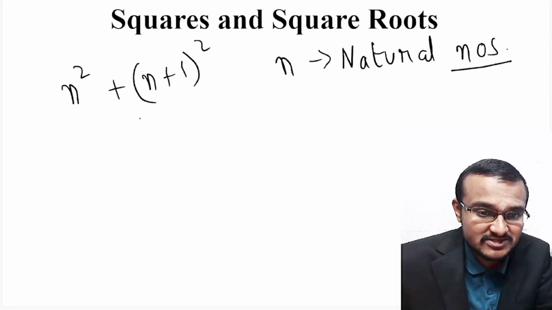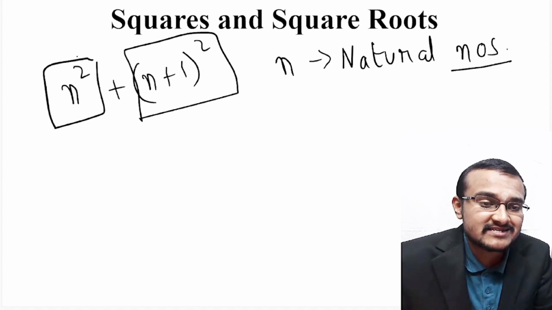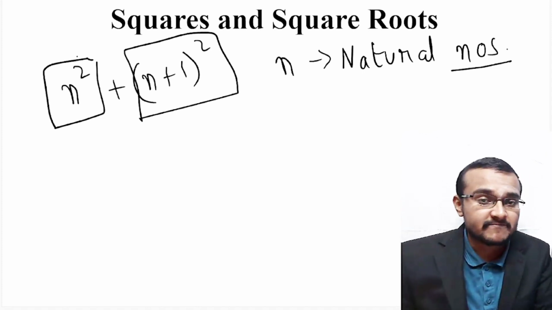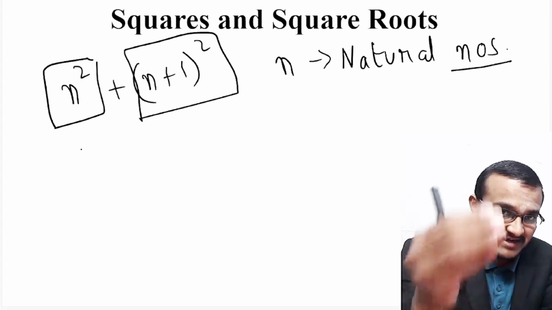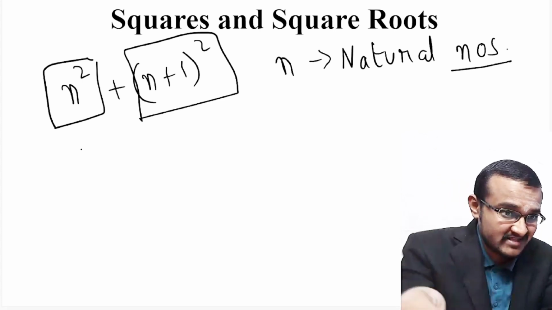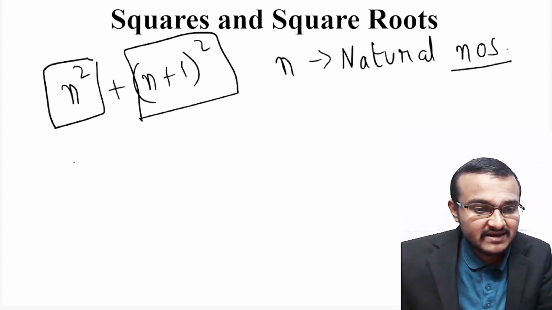So n plus 1 whole square is one perfect square and n square is its previous perfect square number. Now if we subtract a perfect square with its previous immediate perfect square, what will be the result? Let us see.